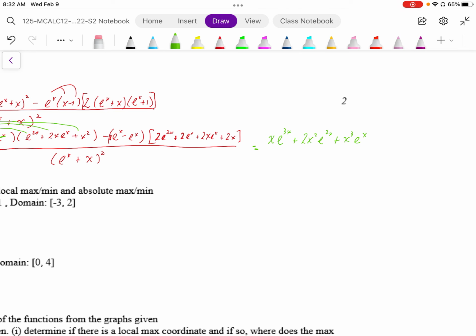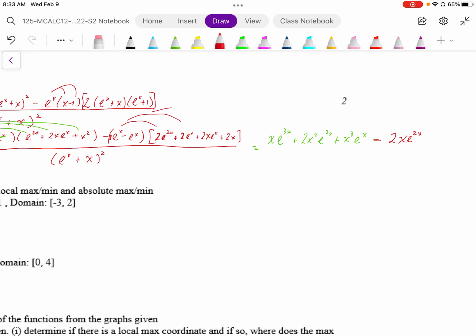Expanding out this next set of brackets is going to be really messy looking, but hopefully it generates some like terms. Okay, so multiplying out this second set of brackets, I'm going to end up with 2x e to the 2x. That's going to be the first.